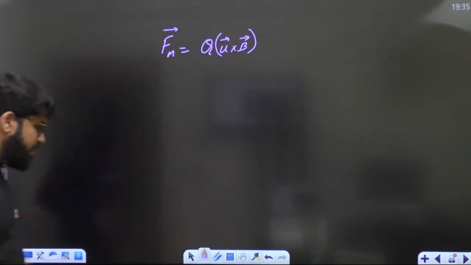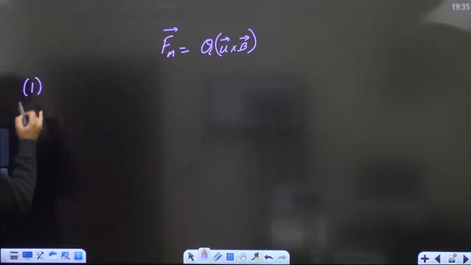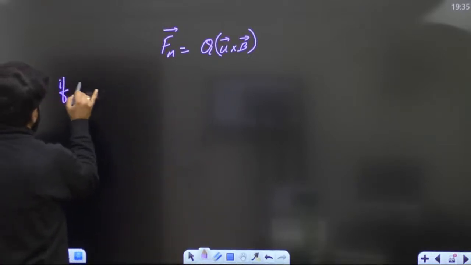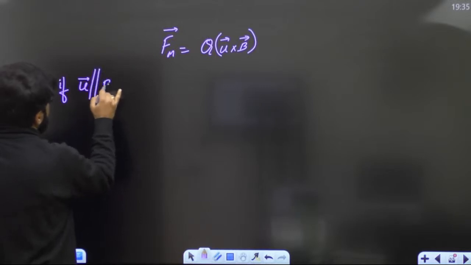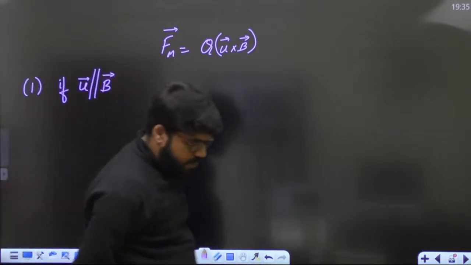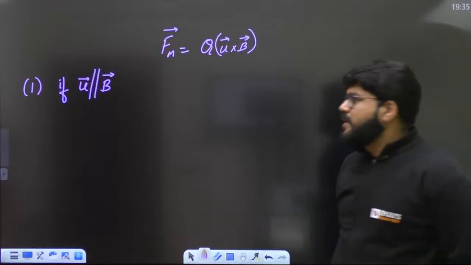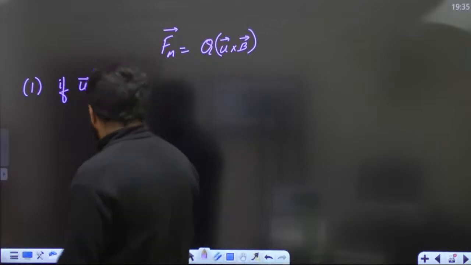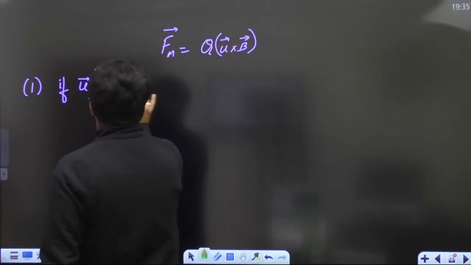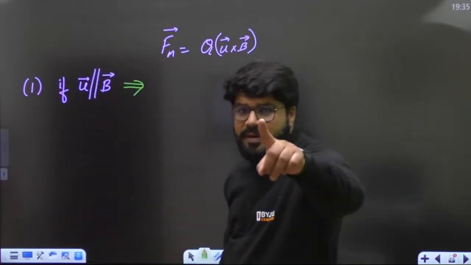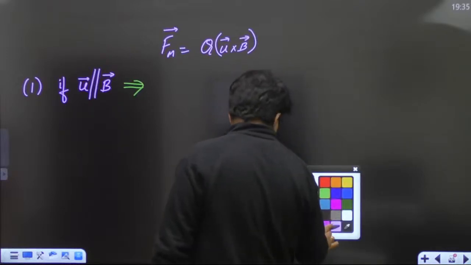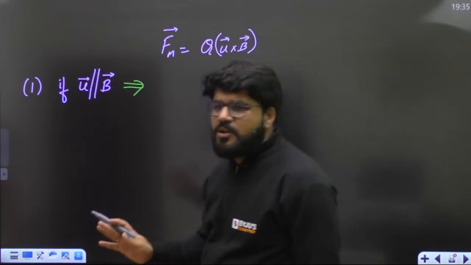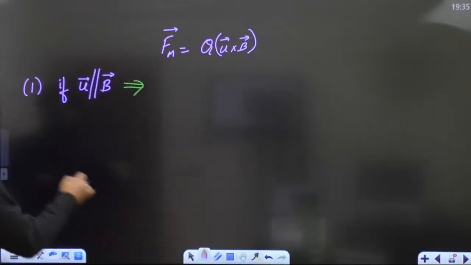Number 1: if the particle moves with a velocity parallel to B. If a particle is moving with a velocity which is parallel to the direction of the B field, then what path will it follow? Can anybody comment? What is the path of the particle? Basic calculus can be applied to get it, but we need not derive. I'm just commenting. Let's wait for your comment.